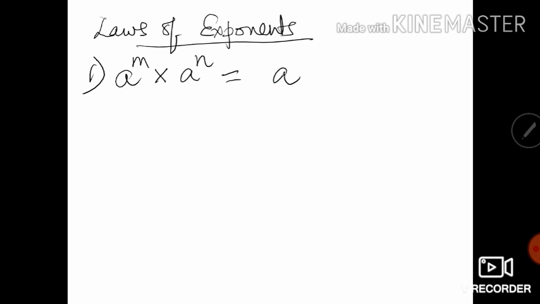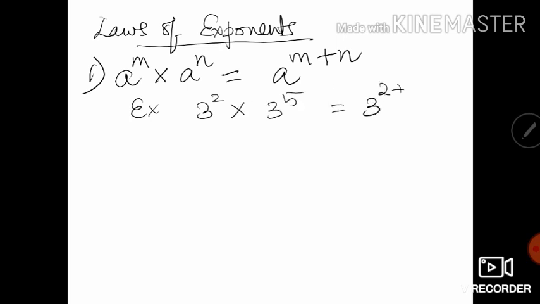So we can write a to the power m into a to the power n as a to the power m plus n. Example, 3 to the power 2 into 3 to the power 5 can be written as 3 to the power 2 plus 5, which is equal to 3 to the power 7.